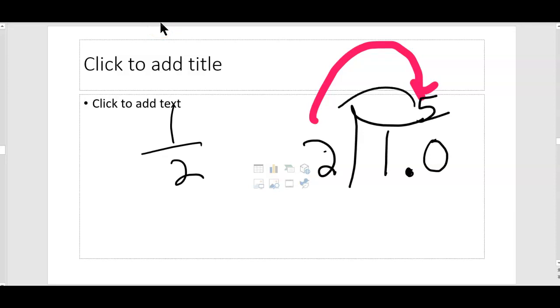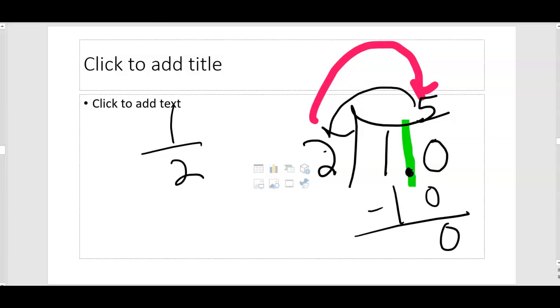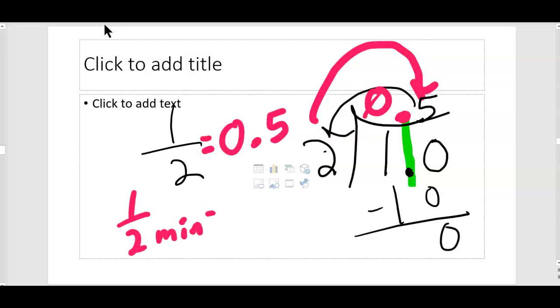And then we do 5 times 2 is 10. Subtract, and remainder 0. But you have to raise the decimal. Right there it goes. So it's 0.5. So what we're saying is 1/2 is the same thing as 0.5, and we can put a 0 here just as a placeholder. So half a minute is the same thing as 0.5 minutes.